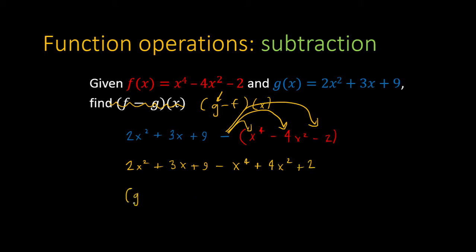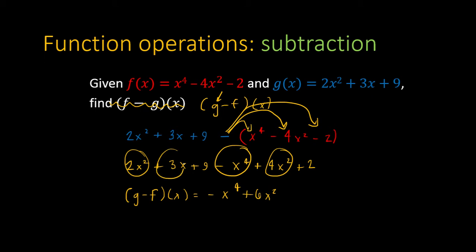Now I combine like terms, and I get that g minus f of x is equal to negative x to the 4th, plus 2x squared plus 4x squared, so that's 6x squared, plus 3x plus 11. Again, for subtraction, make sure to distribute that negative sign to everything that you're subtracting, every term in the function you're subtracting.